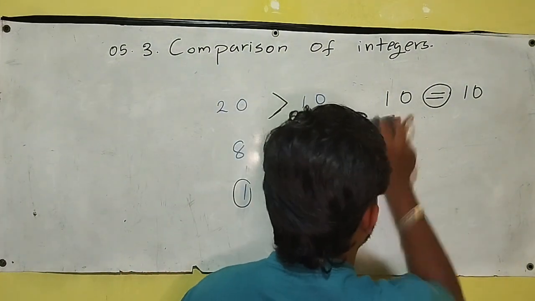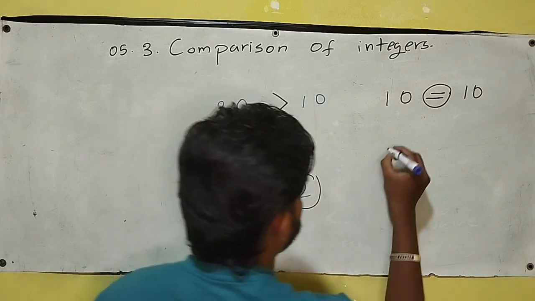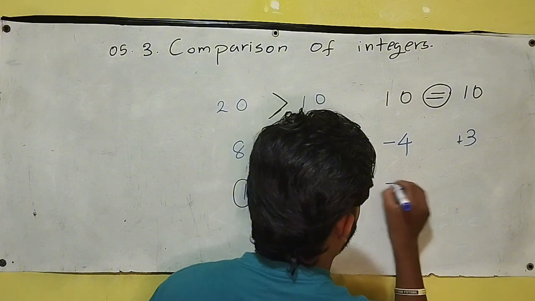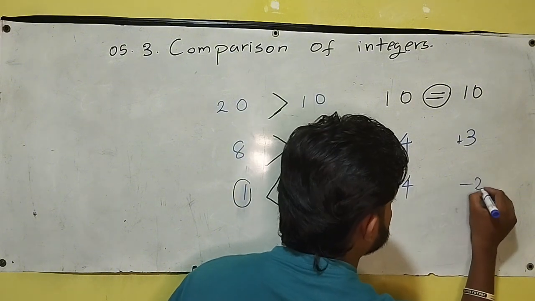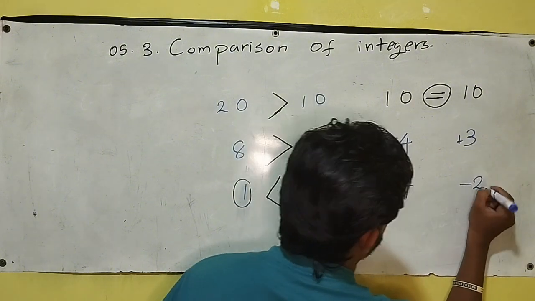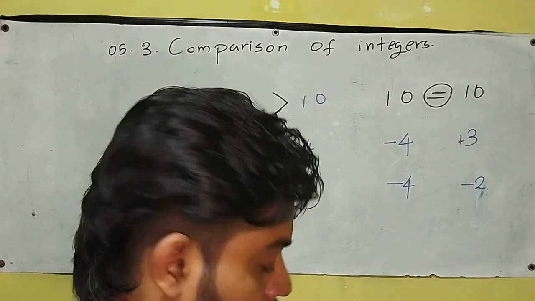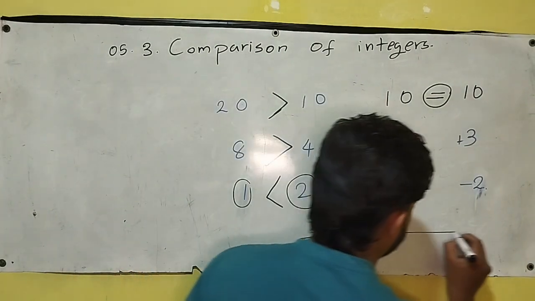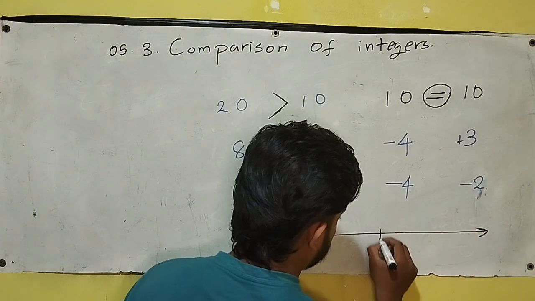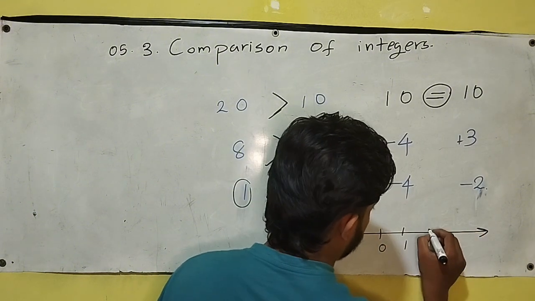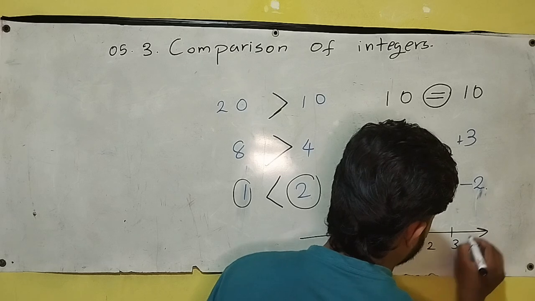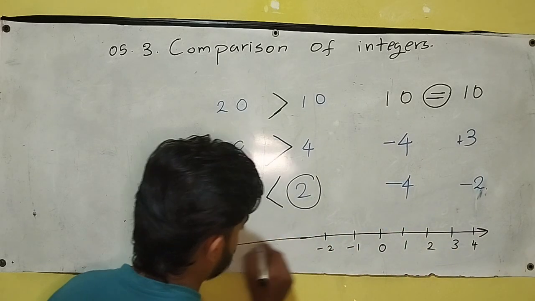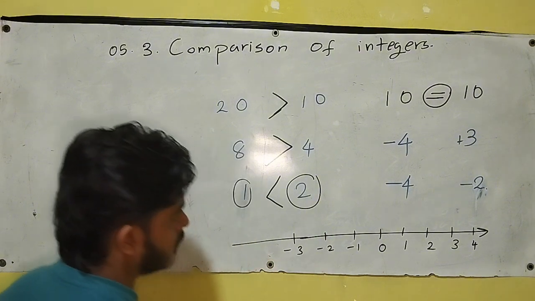Think how to put this. -4 plus 3. -4 minus 2. Now what happened? How to find out? Remember the number line. 0, 1, 2, 3, 4. -1, -2, -3.